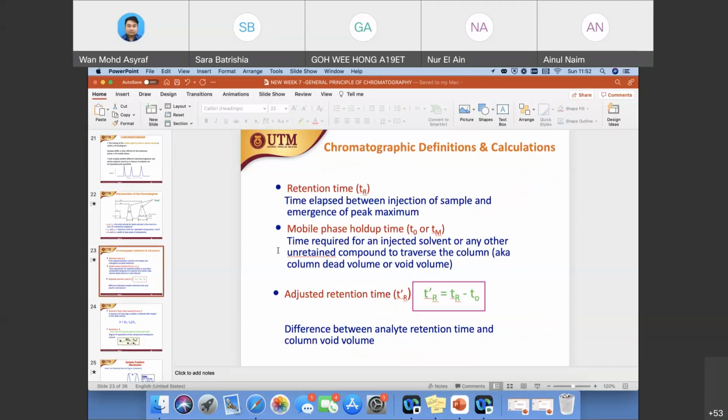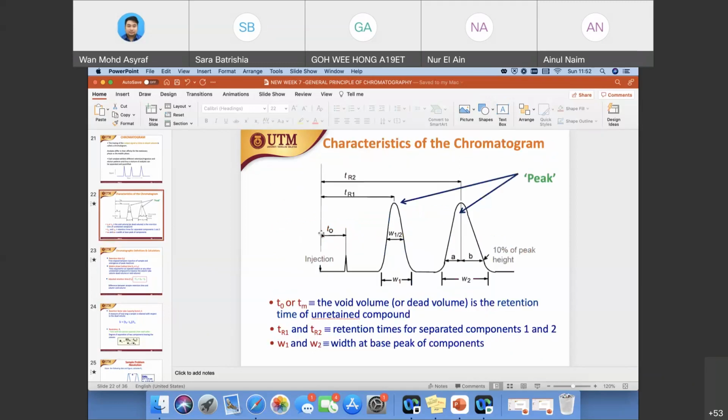Retention time, now we are going to look at the definitions and some calculations. Retention time is the time elapsed between the injection of the sample and the emergence of the peak maximum. When I say here, which starts at 0, this is the time that you inject your sample, when your sample is put into the instrument.